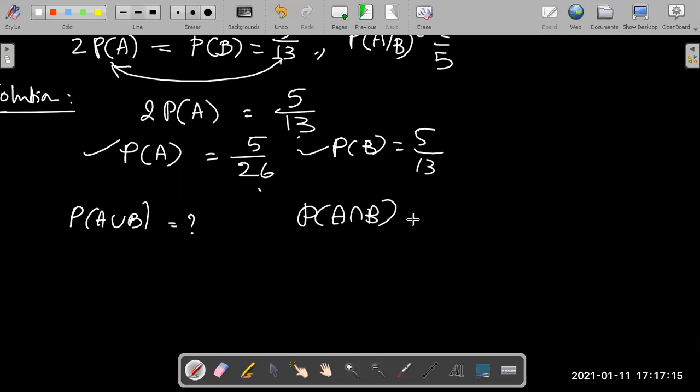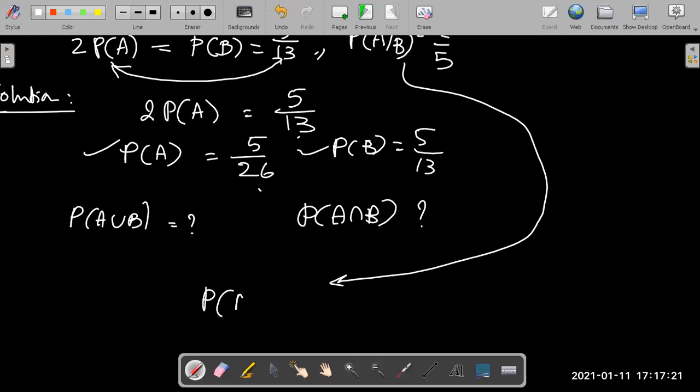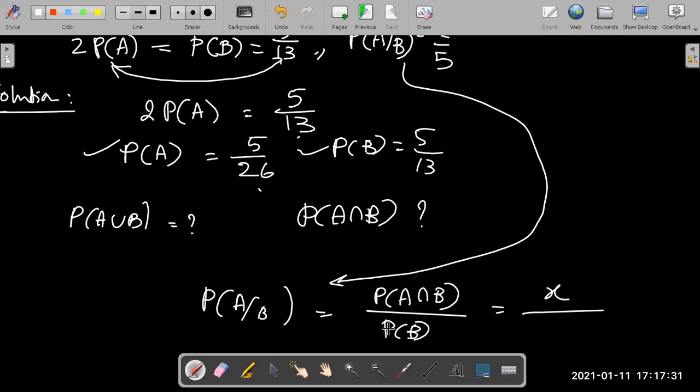How do we get A intersection B? Use this formula: probability of A given B equals probability of A intersection B divided by probability of B. So this is X, we don't know, divided by probability of B, which is 5 by 13.